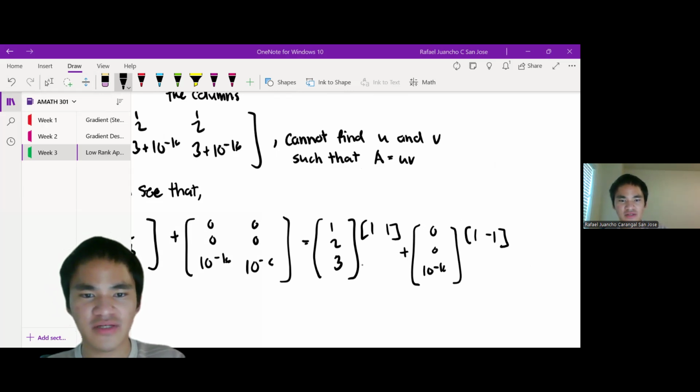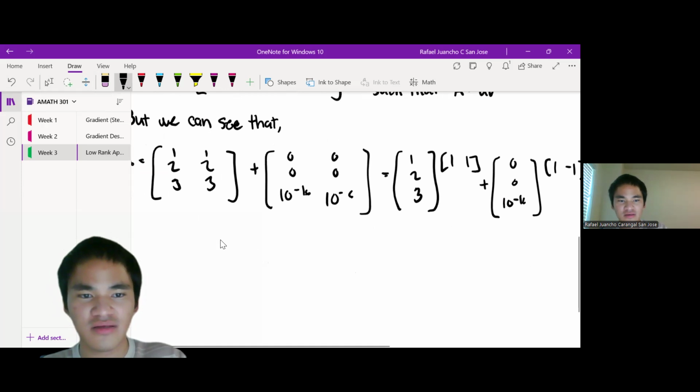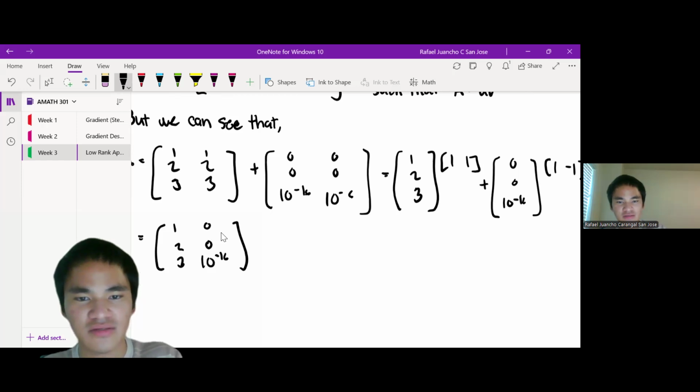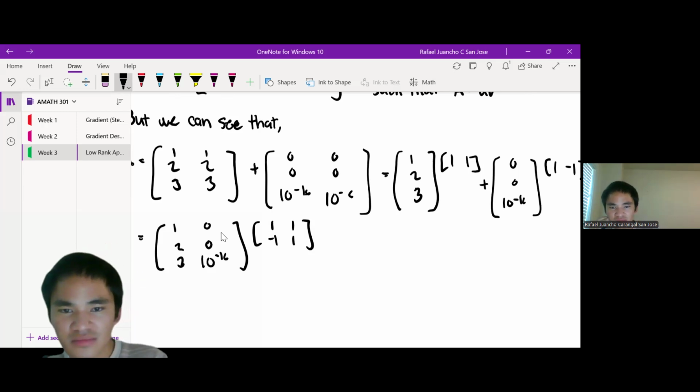And then from there, I should get something out. So I get 1, 2, 3. This is 10 to the negative 16, 0, 0. And now this is a 2 by 2 matrix, right?